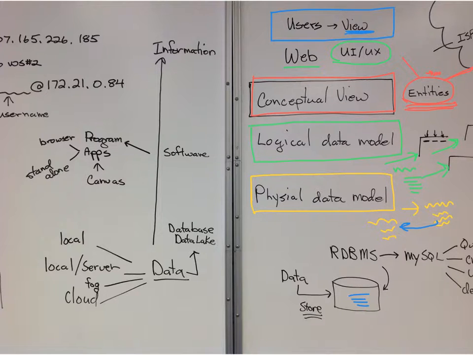And how we build that, we use a relational database management system. We're using MySQL. And this then writes the data to the hard drive. It actually stores it somewhere.